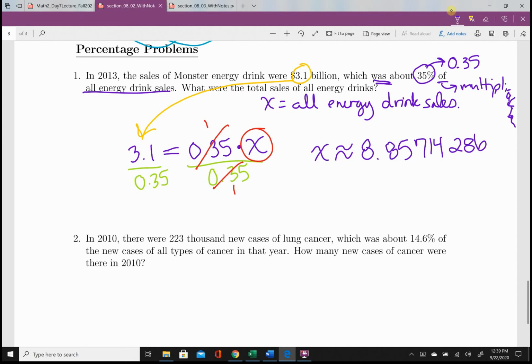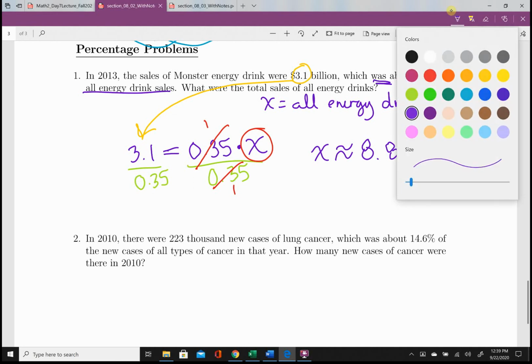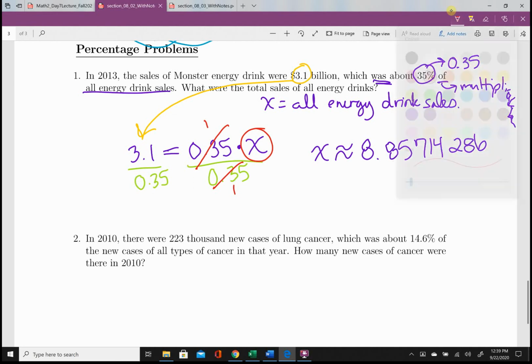So let's round this number to one decimal place by focusing on the one decimal place there, but checking in with the neighbor. Ooh, neighbor, you're a 5. So you're going to bump this 8 in the 10th place up to a 9. So our final answer should be $8.9 billion.